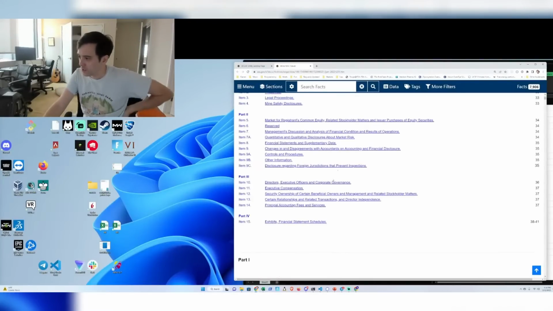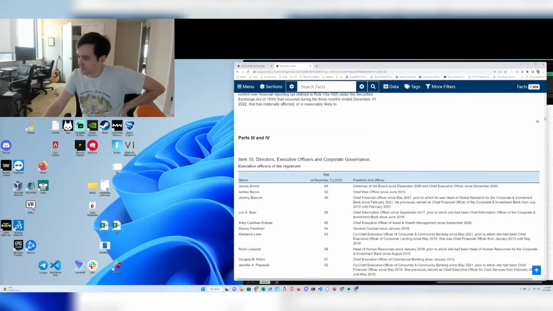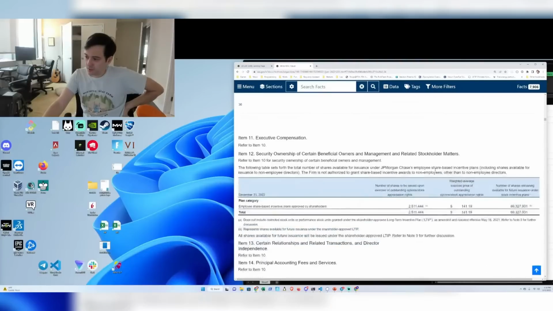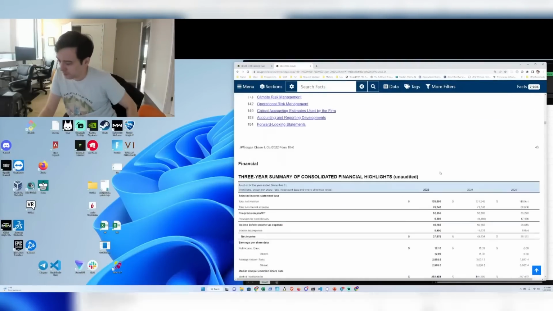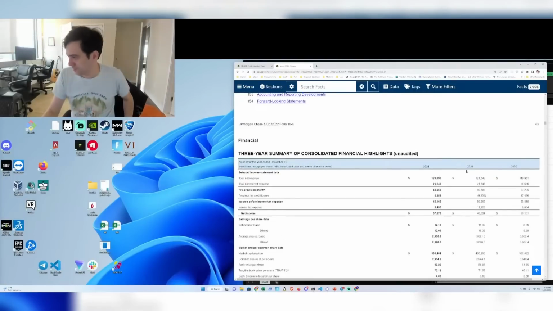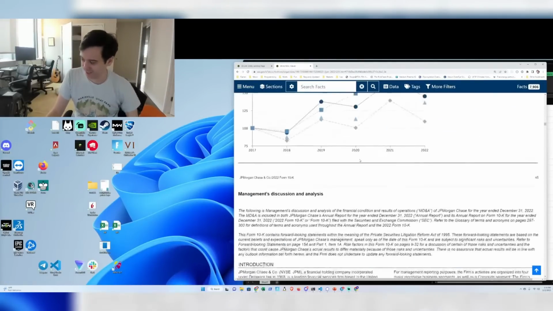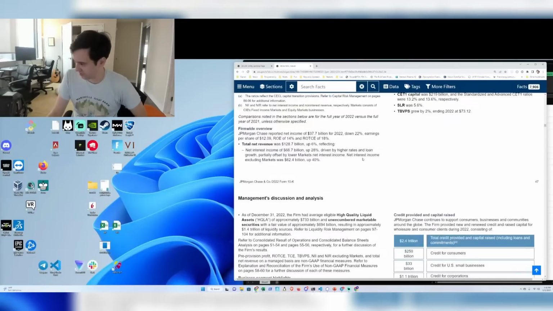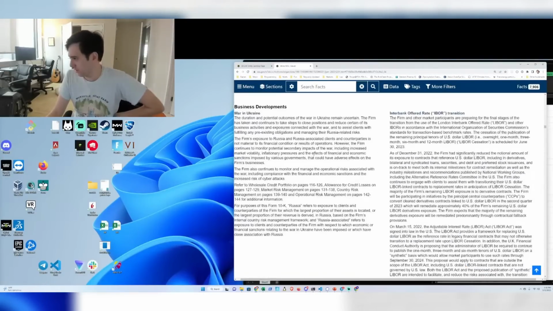I can probably just skip to the financial statements by clicking right here. Jamie Dimon, the famous CEO of JP Morgan, is 66. I'm personally not a fan of JP Morgan, the company, but in terms of customer service and stuff like that. But remember, it's an investment bank, and it does a lot more than just commercial banking and retail banking. So let's see if we can find the financials.